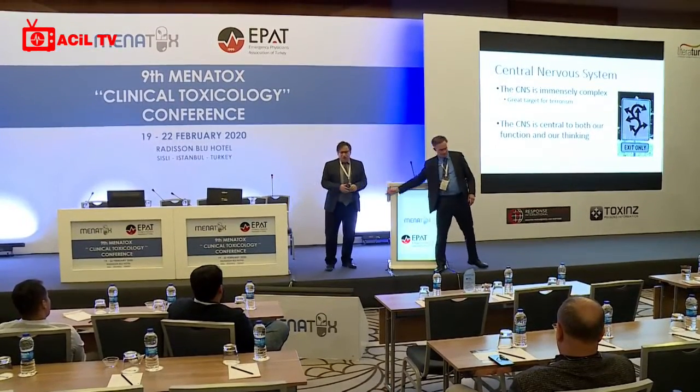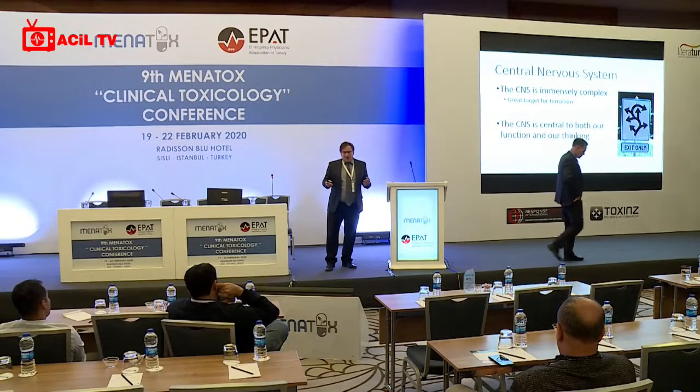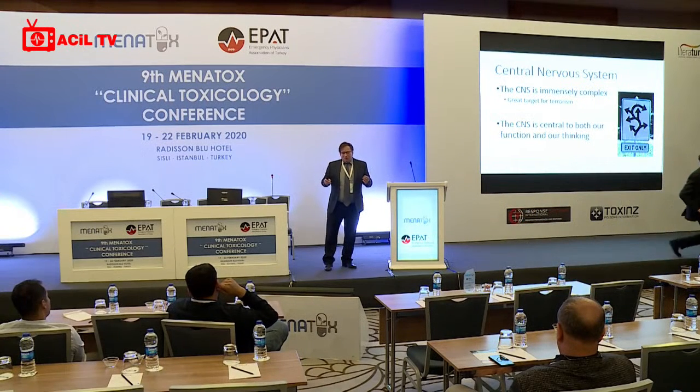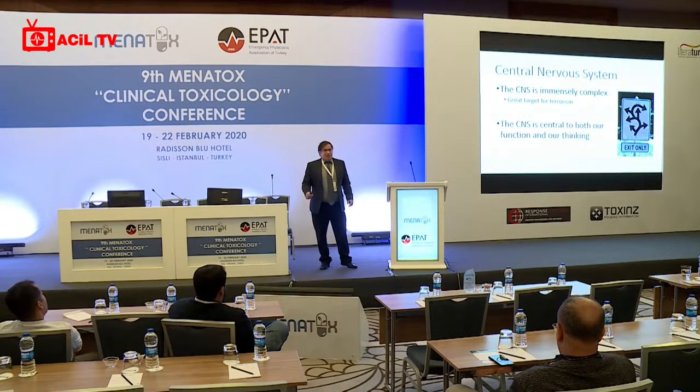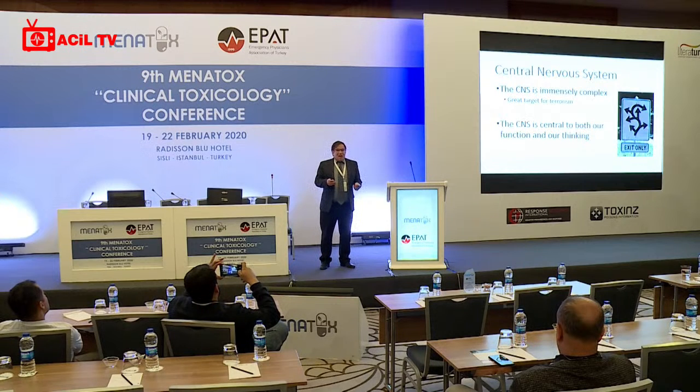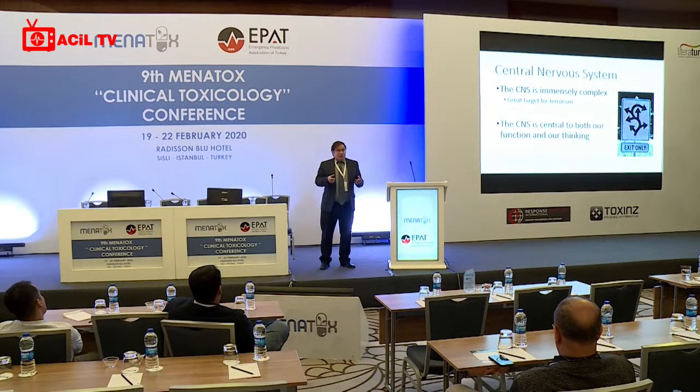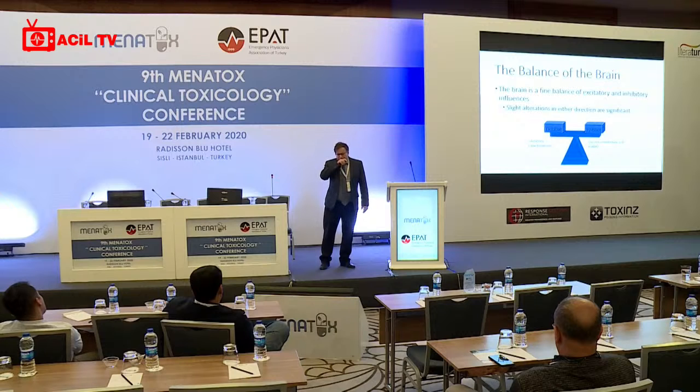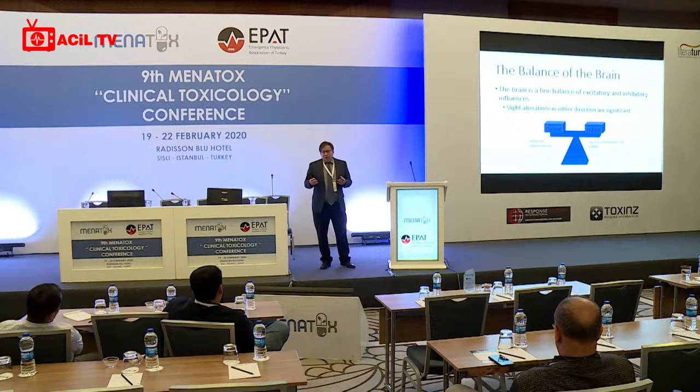So as described, the CNS is immensely complex. Billions of neurons, and many things can affect the brain, and we'd like to clump them together to better understand how it affects the brain, and also how we will proceed with the management of a patient or a cluster of patients who have been affected. So one way to look at this is the excitatory and inhibitory influences.